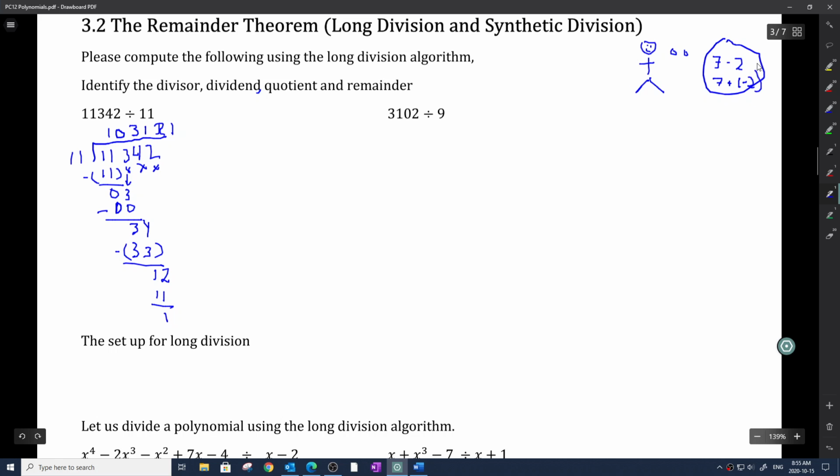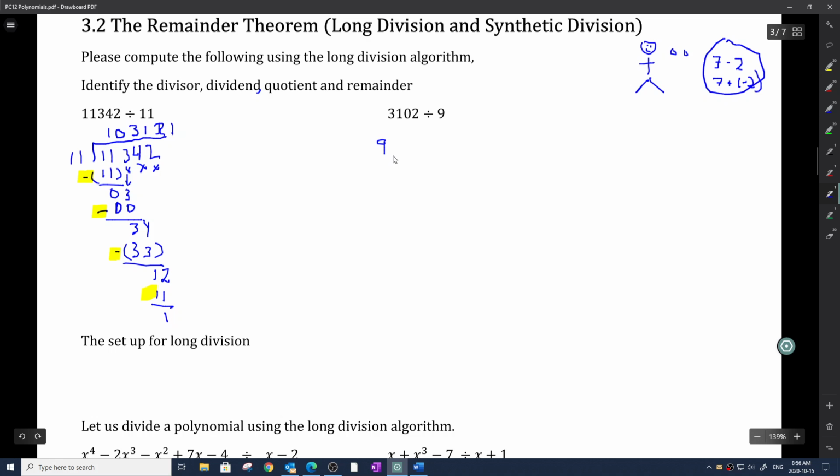Those two are equal. 7 minus 2 is the same as 7 plus negative 2. So now I'm going to do this one, but instead of every subtraction, I'm going to change it to an addition. Now, I know this is really impractical, but the reason why I'm going to do it is simply to prepare us for what's coming ahead.